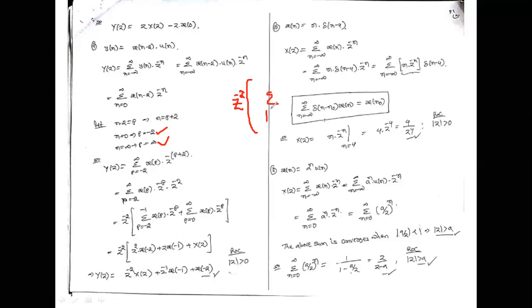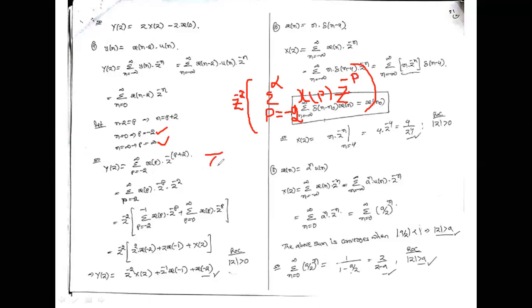The sum over p equal to minus 2 to infinity of x of p z power minus p. What is the before value of minus 2? It is minus 1. Minus 1 means x of minus 1 and z power minus of minus 1.